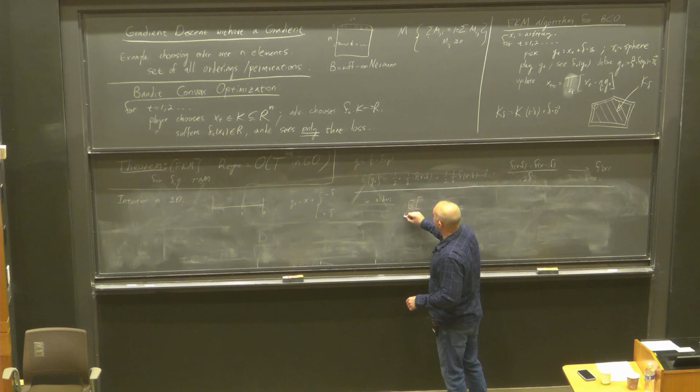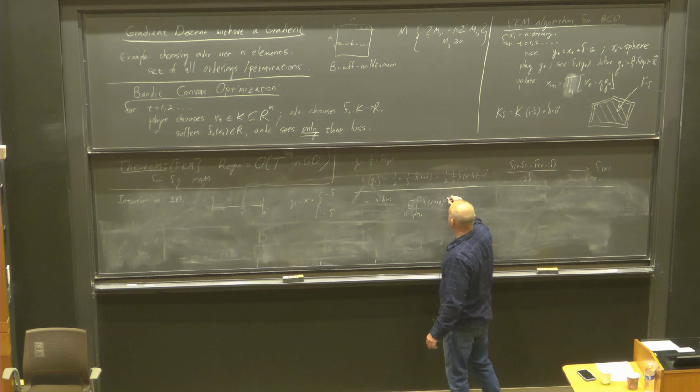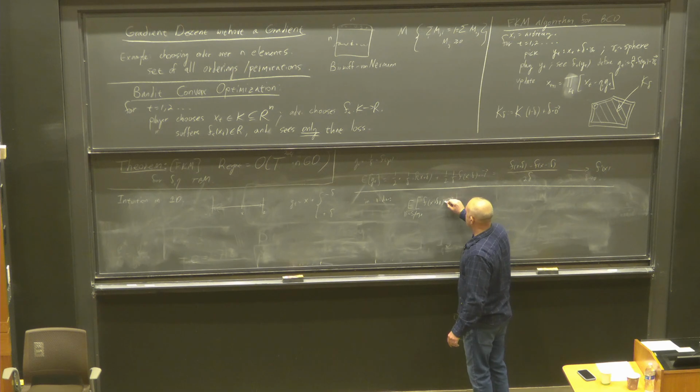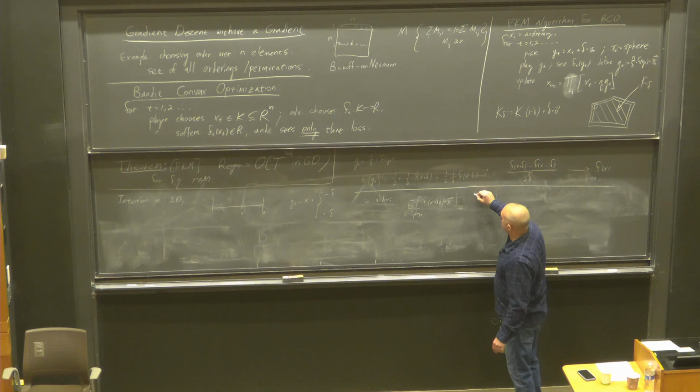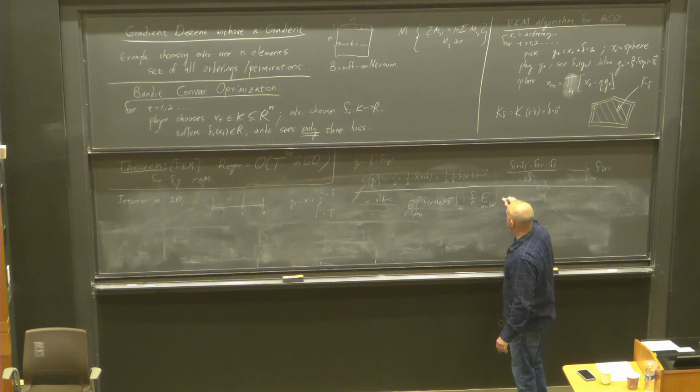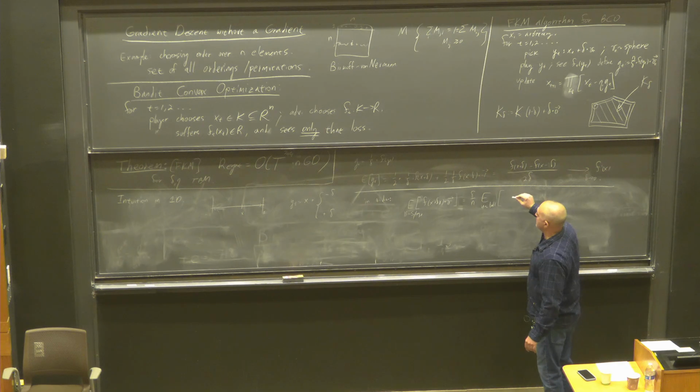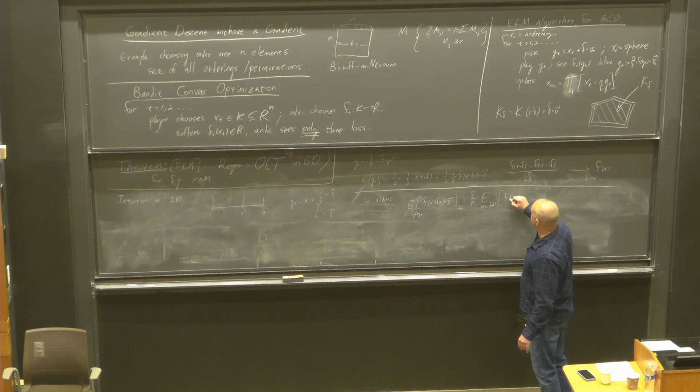Expectation over v from the sphere of f of x plus delta v times v is equal to delta over n times the expectation over u from the ball of the gradient of f of x plus delta u.